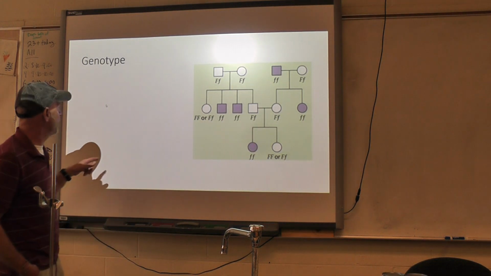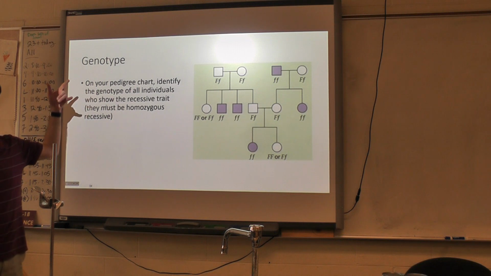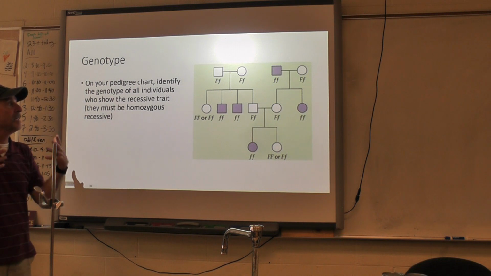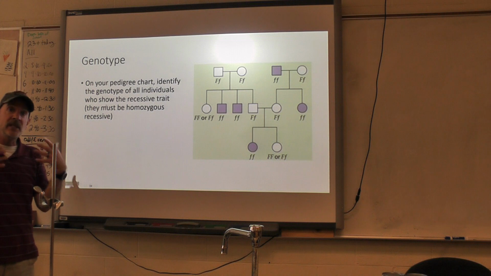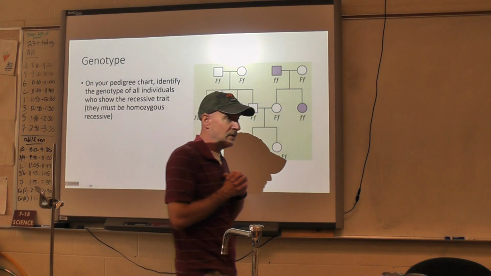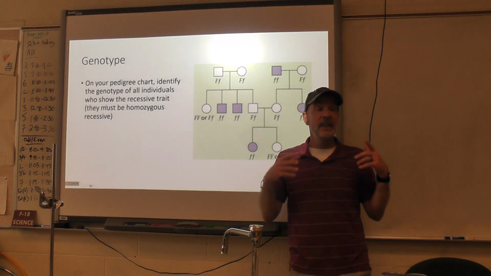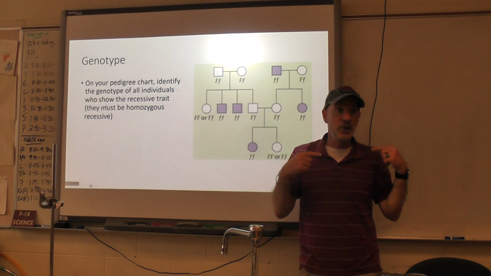There are going to be some that are easier than others. What you're going to start with is, what is the recessive condition? The recessive condition, all of those individuals are going to be homozygous recessive. They have to be. If you have the recessive condition, then you have to have 2 recessive alleles.